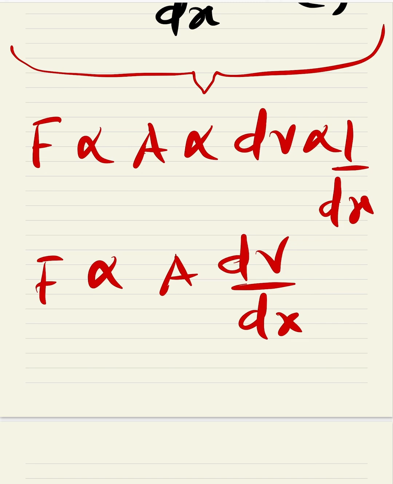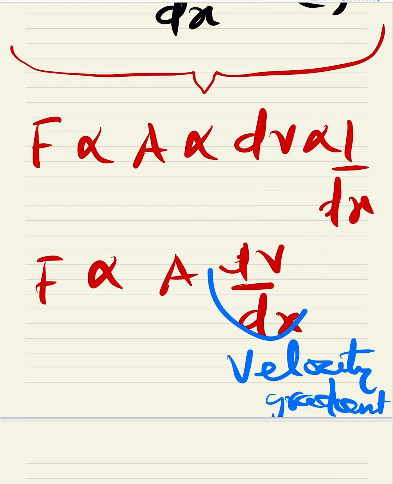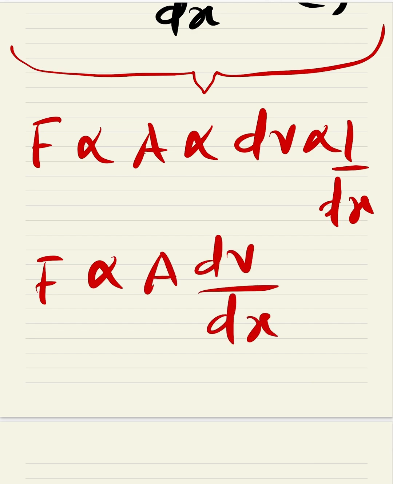In physics, we usually call dV over dx the velocity gradient. Don't forget, velocity gradient. But that's not where I'm going today.